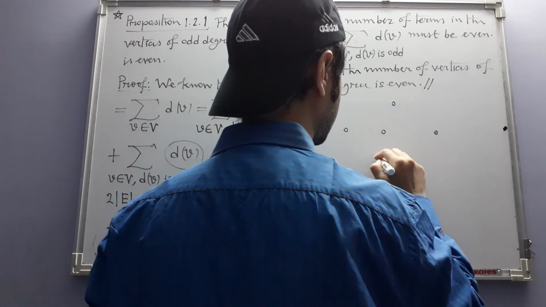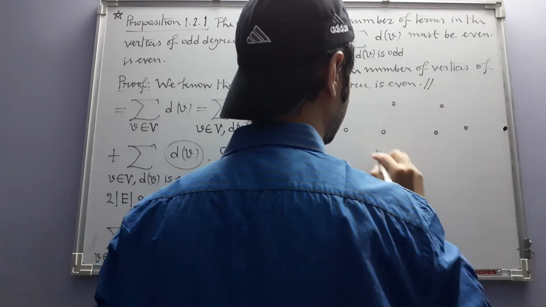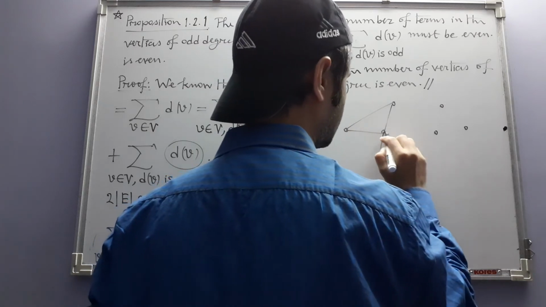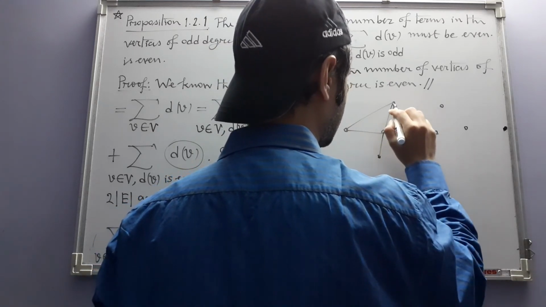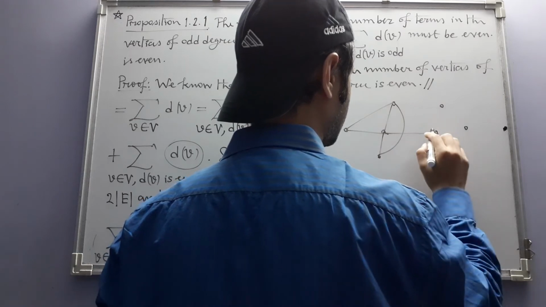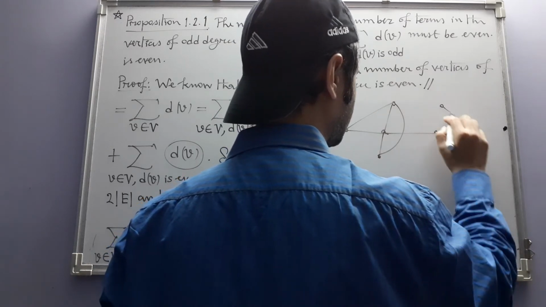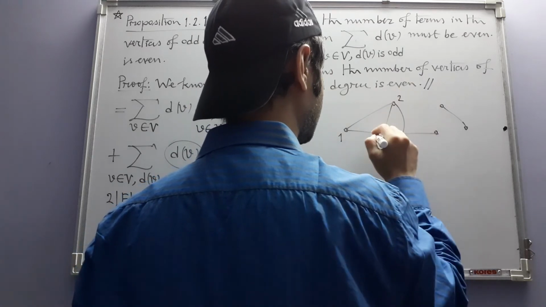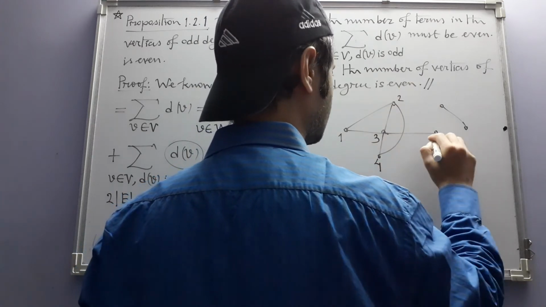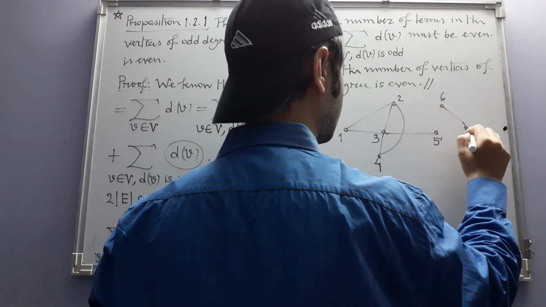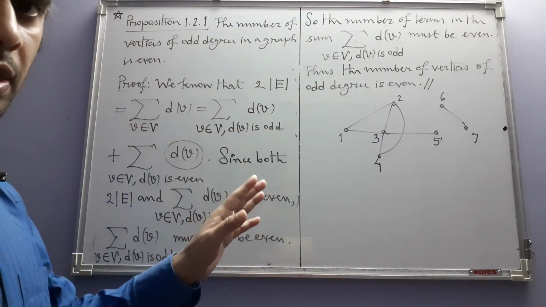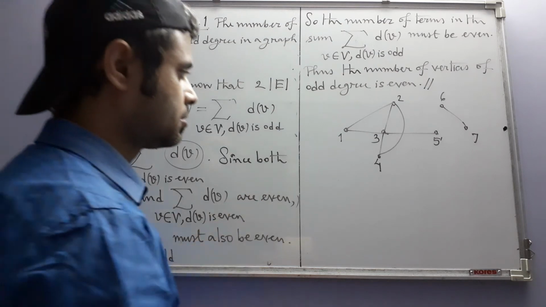We are going to write the degrees of these vertices alongside the symbol of the vertex.